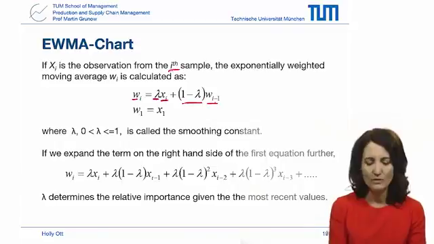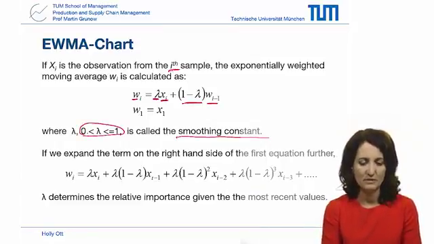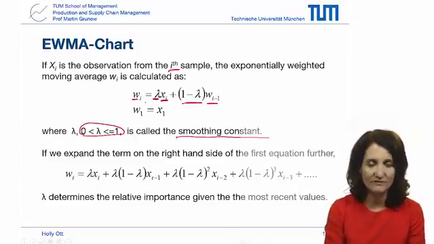So lambda is a smoothing constant, and it's between 0 and 1. If it were 0, the first value would drop out.